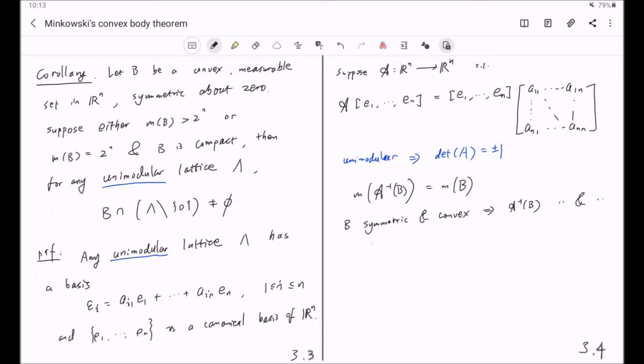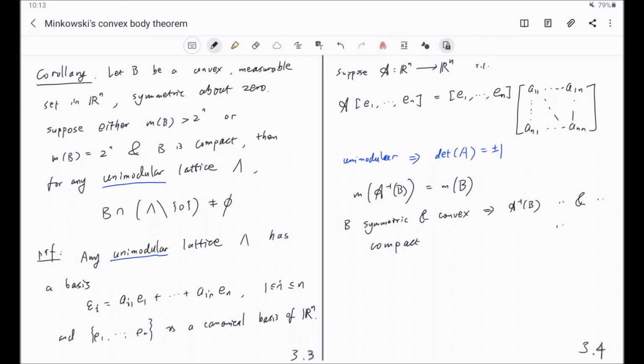So B being compact also implies that A inverse of B is compact. So every property of B will be preserved by A inverse of B, because A is an isomorphism between linear spaces and also a homeomorphism between two topological spaces. So those properties should be very easy for you to check.